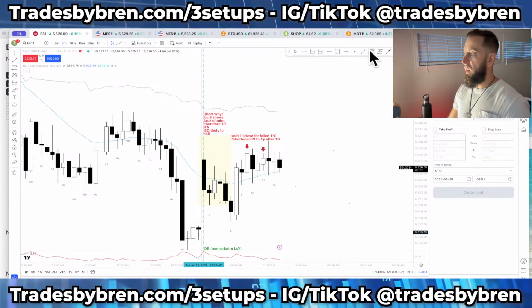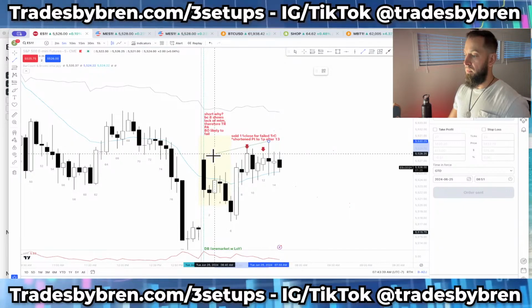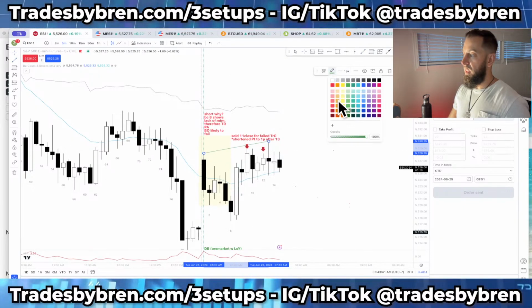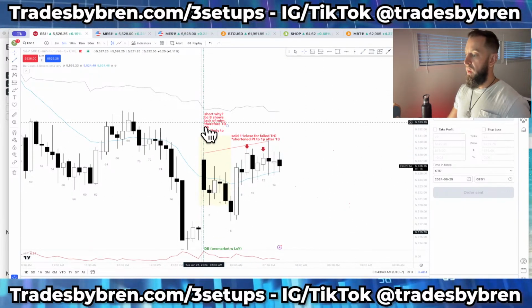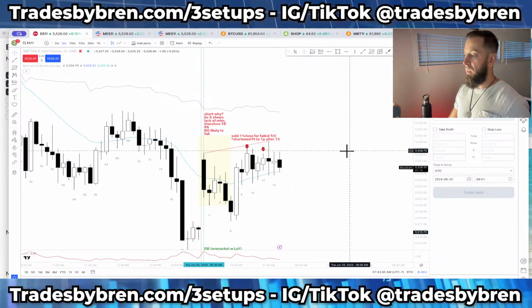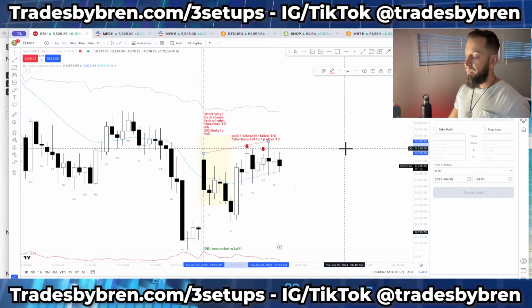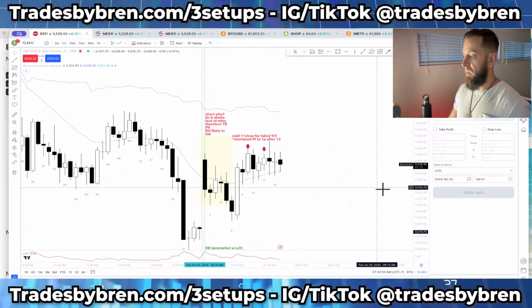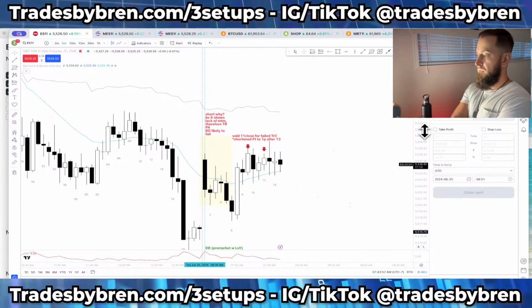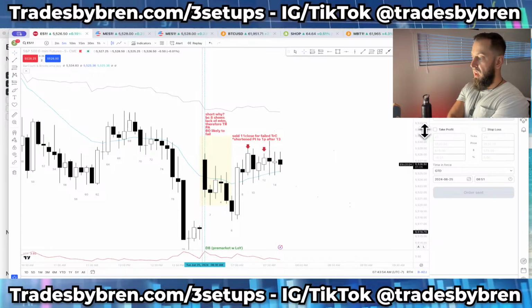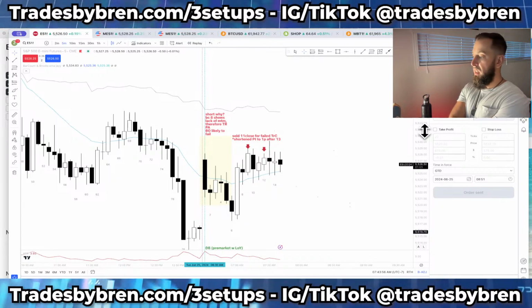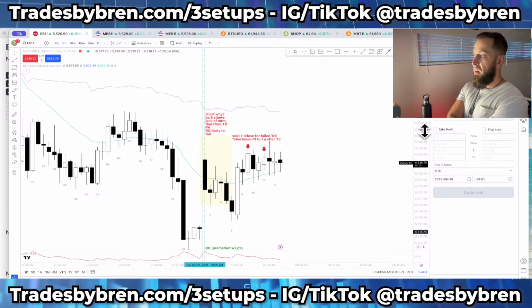You actually have a wedge top. You see it like that. 1, 2, 3. I don't think this is a good buy or a sell. I can't see it. When I can't see it, I wait.